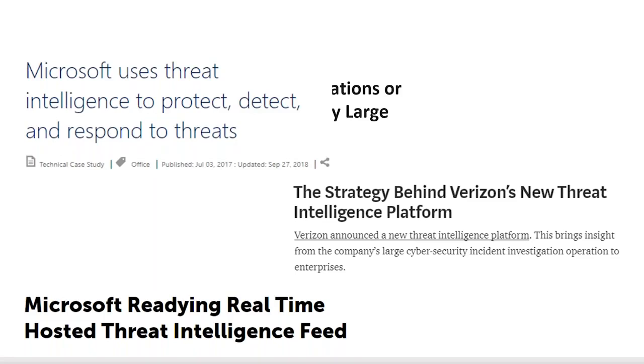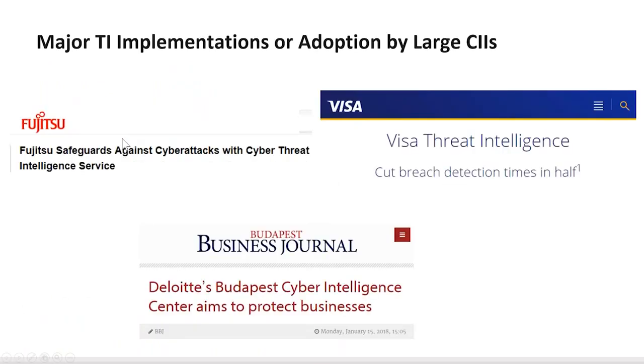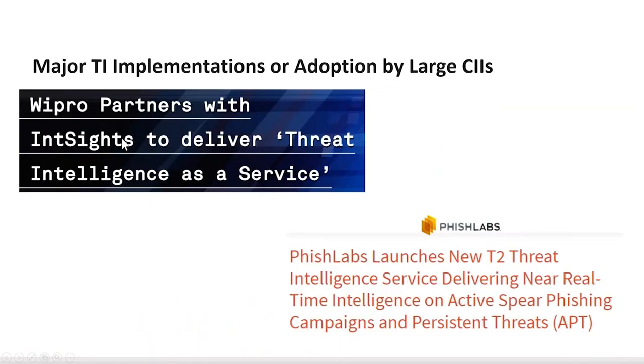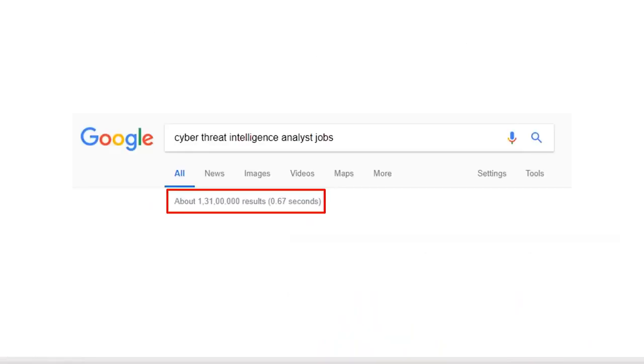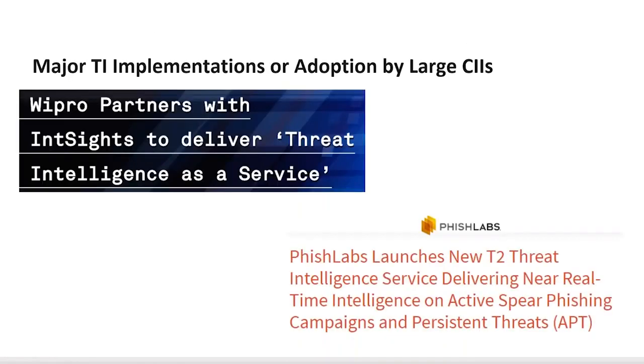So what you're also seeing are major threat intelligence implementations or adoption by large companies here. As you can see, Microsoft, Verizon, really building up their capabilities in this area. Next slide. Here's a few other ones: Fujitsu, Visa, Deloitte, Wipro, and so forth.